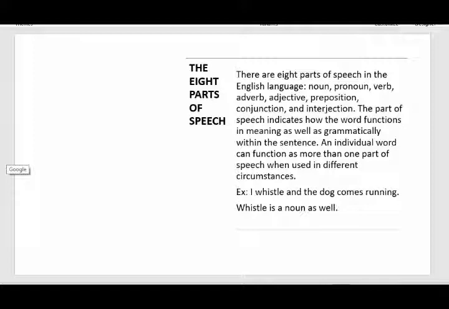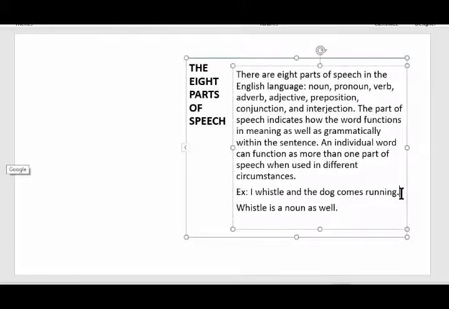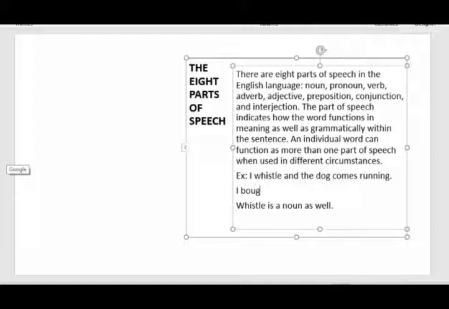Some of these 8 parts of speech can act like more than one part of speech. For example, the word whistle can be used both as a noun and also as a verb. If I say, I bought a whistle, in this case, whistle becomes a noun.